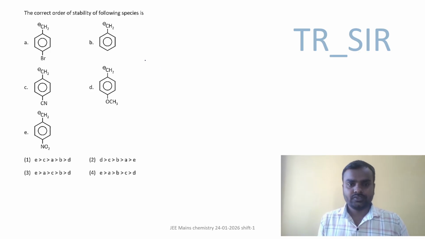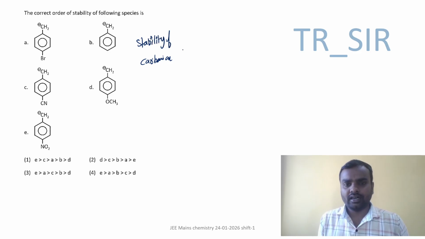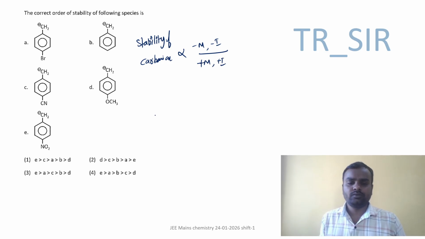Carbanion stability. Here the stability of a carbanion is proportional to the minus M, minus I effects, and inversely to plus M and plus I effects. This is what we have to see.